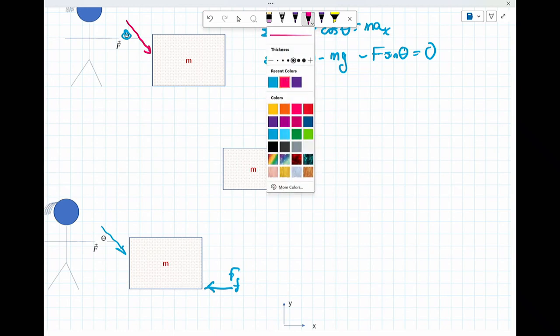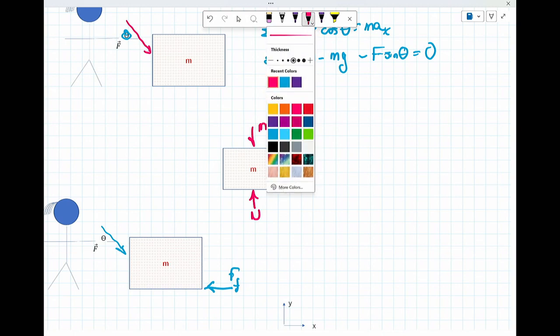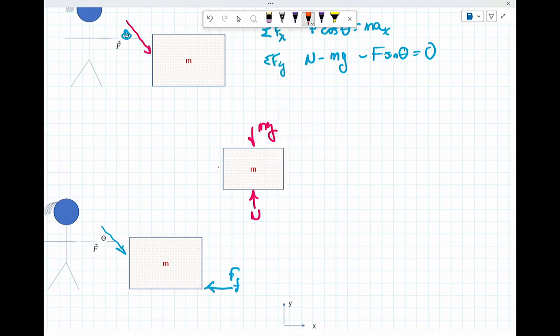So in that case, you end up with normal, you have mg, you have fx, and you have fy, which make up that F you're given. You finally also have this force of friction, F. I'll talk later in the lecture about how to define force of friction, but for now we just need to put that in.